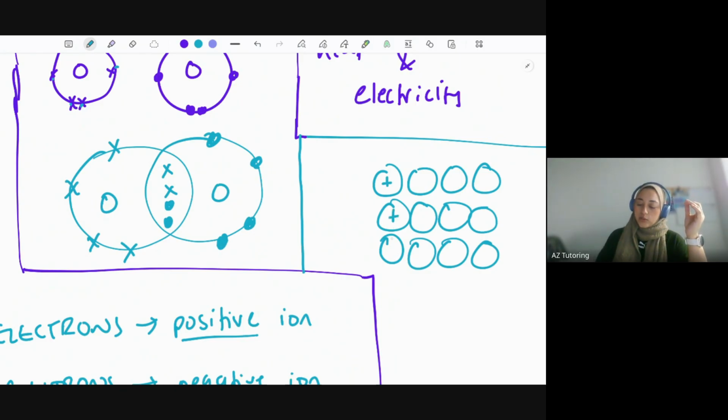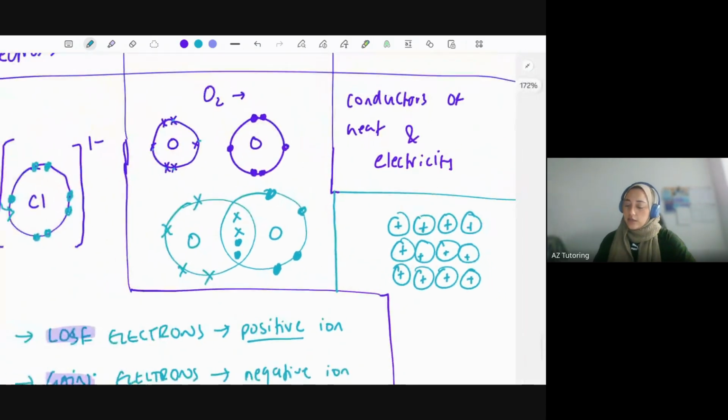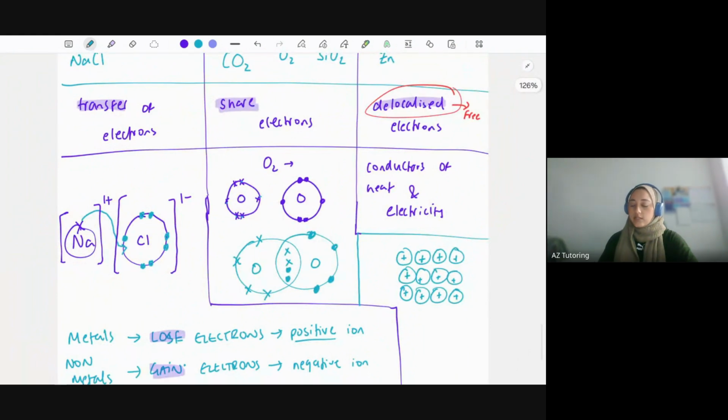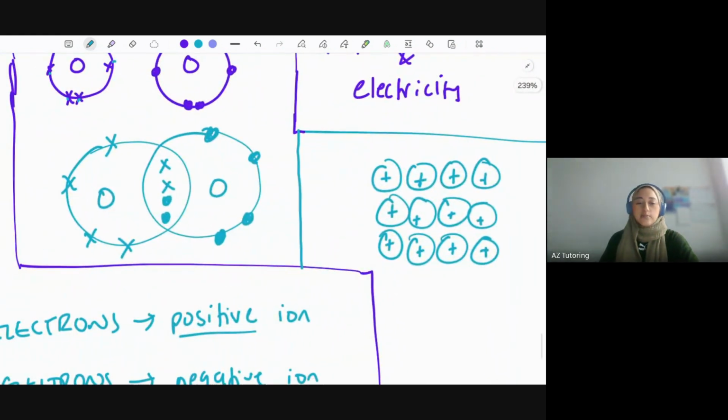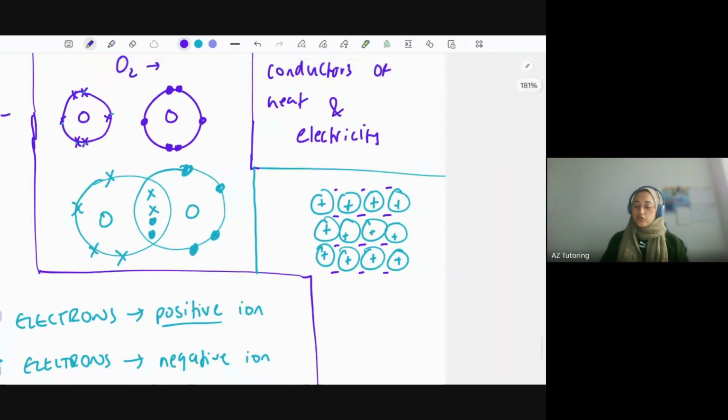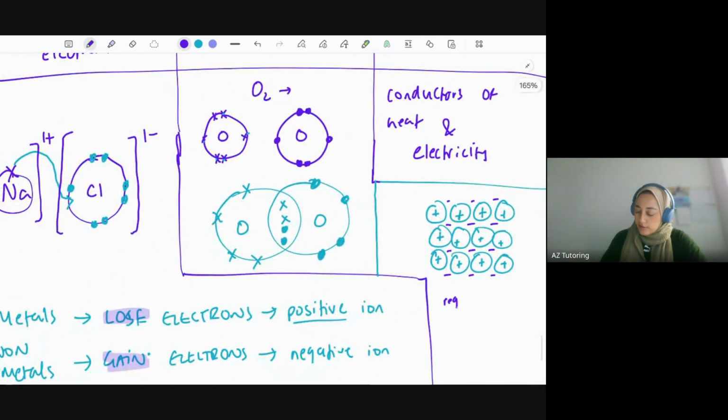You just need to represent some positive metal ions. Let's say this is zinc, for example. We're just representing a few positive metal ions. Now we've said metals have delocalized electrons, and to represent those delocalized electrons, which are negative, you just put them in between. It doesn't matter how many you draw, but we call this a regular lattice structure.